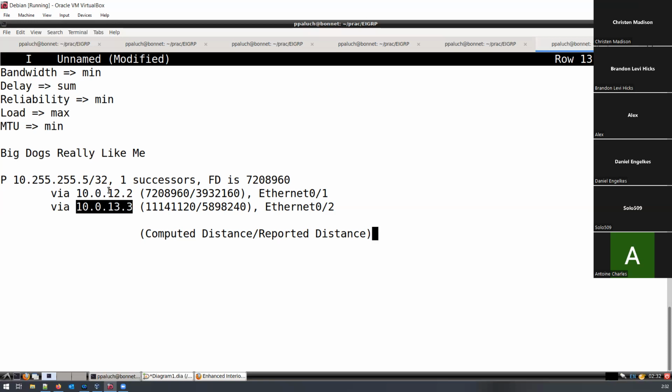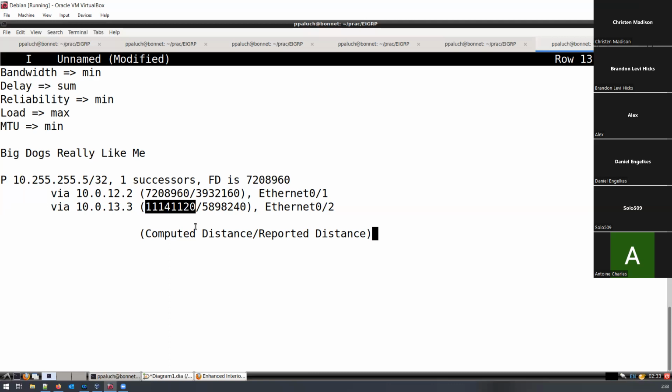So the total distance or the total cost or total metric, they all mean the same thing. The total distance through these neighbors to reach that network is the number before the slash sign. So it would be the 7 something through neighbor 2 and this 111 something through neighbor 3.